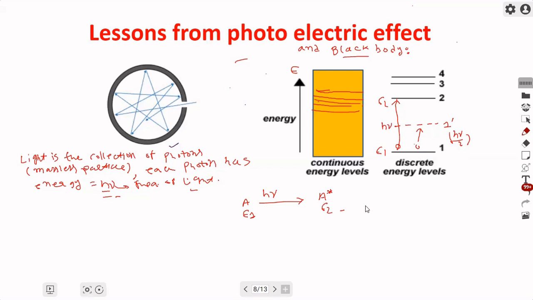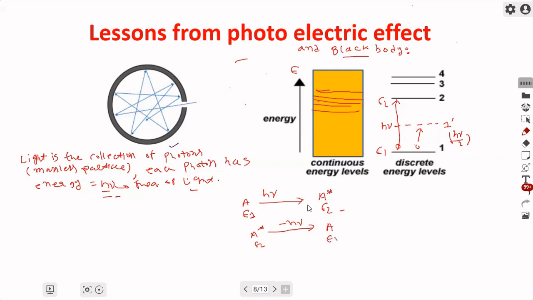The similar thing occurs when it goes back to the ground level. When it is A star, its energy is E2. It also has to release an equal amount of energy to go back to the E1 state, the A state.